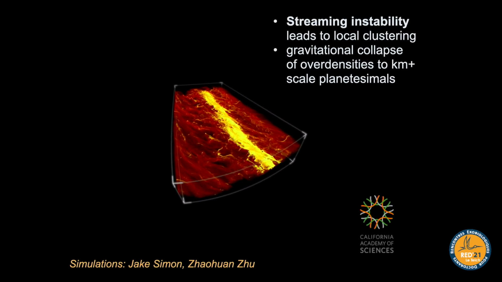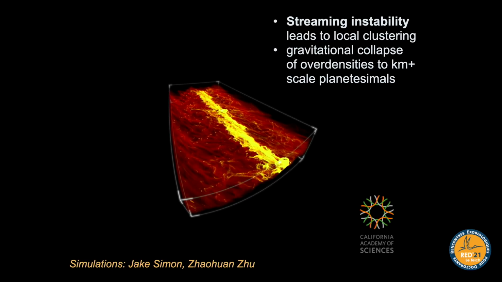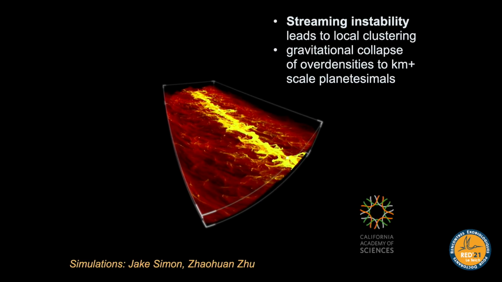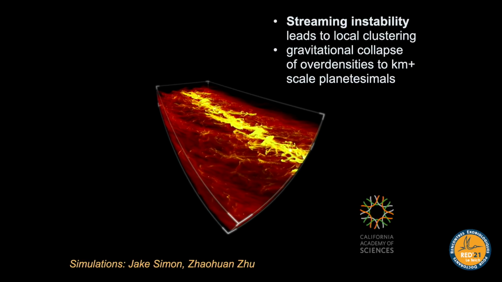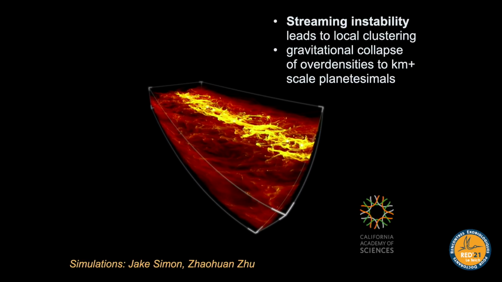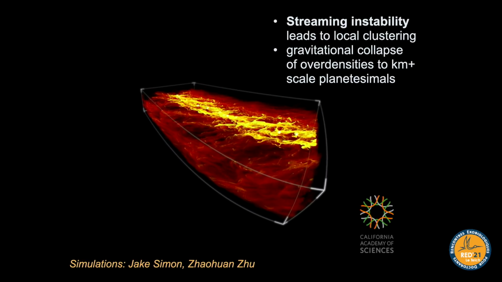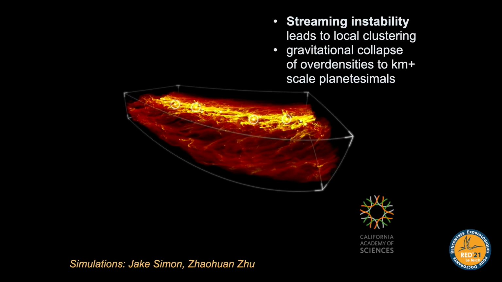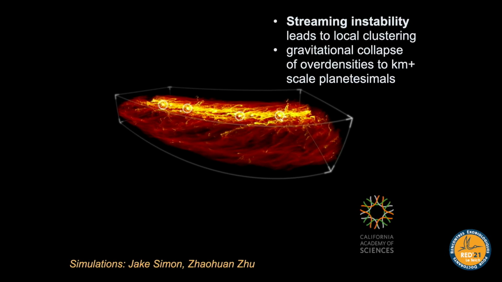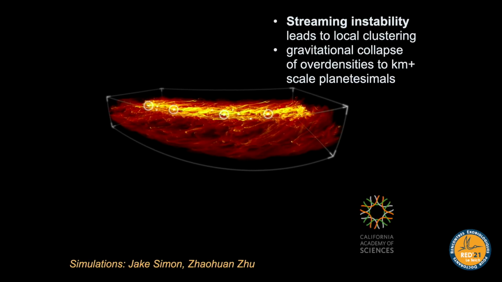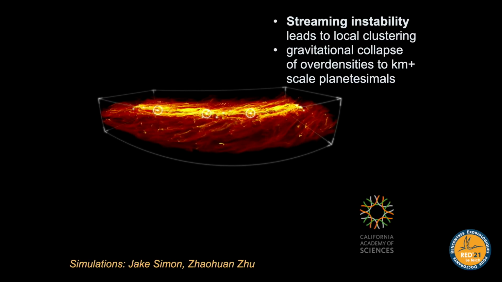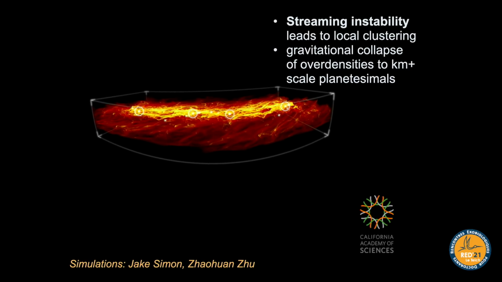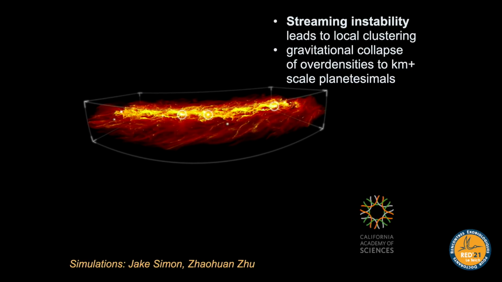Zooming in on this little part of the planet-forming disk, what you can see is this little slice. An actual simulation is usually just a little slice like this. And you can see these waves of dust clumping together. And in certain regions, that radial clump is going to become dense enough that in certain parts of it, planetesimals can form.